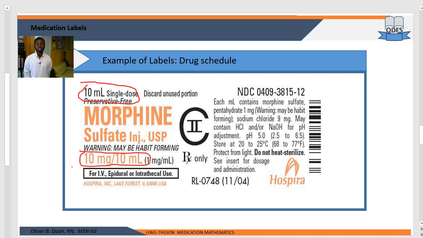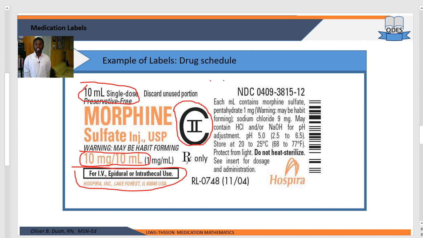The route of administration is also given here, which is IV, epidural, or intrathecal. We will talk about this when we learn pharmacology. Then it gives you the schedule. This is the schedule here, and this is a Schedule 2 medication, which means this is a controlled substance.